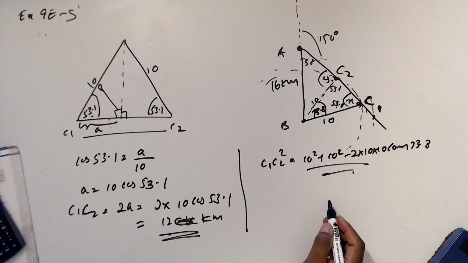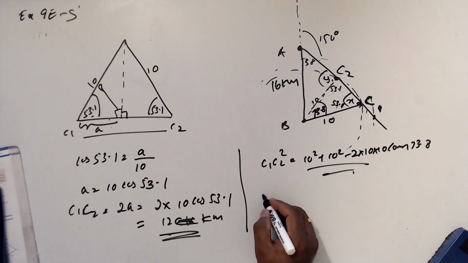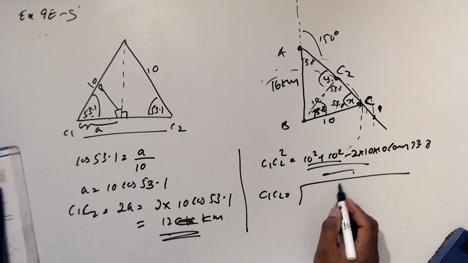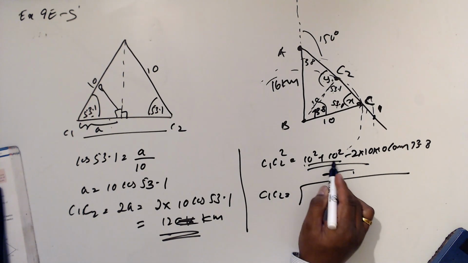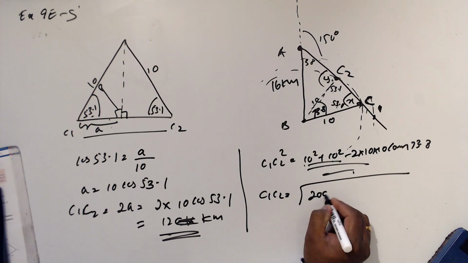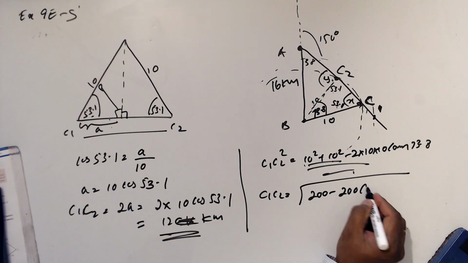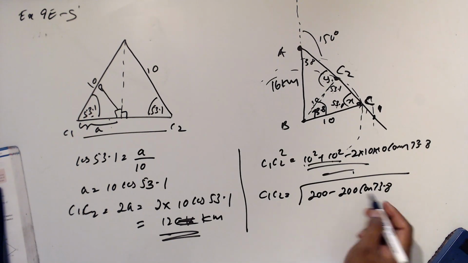When you work this out, C1C2 equals the square root of 10 square, 200 minus 200 cos 73.8.